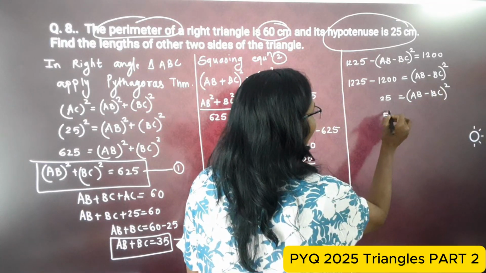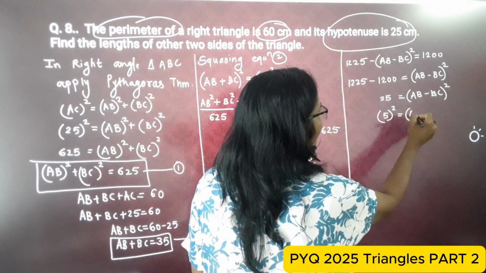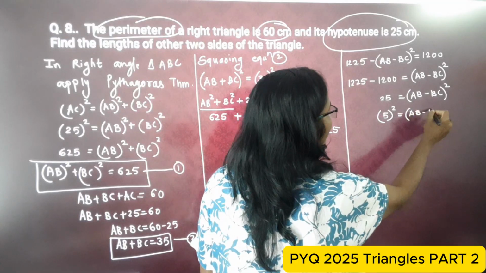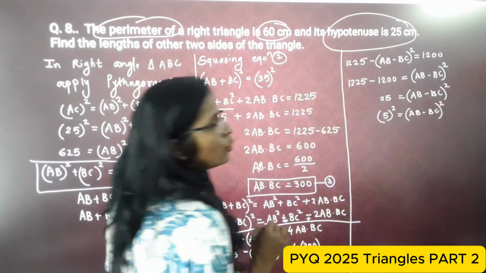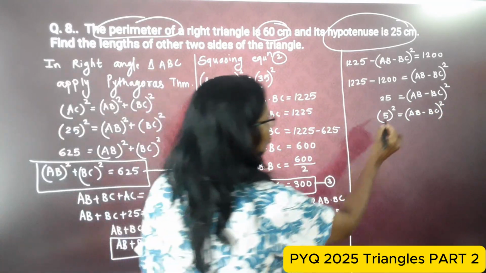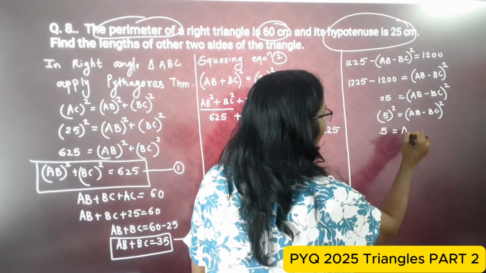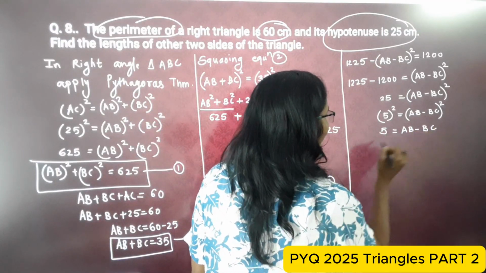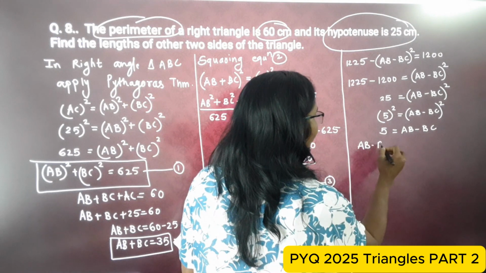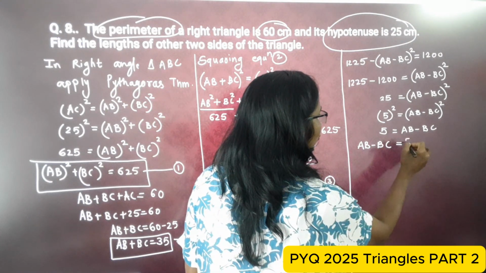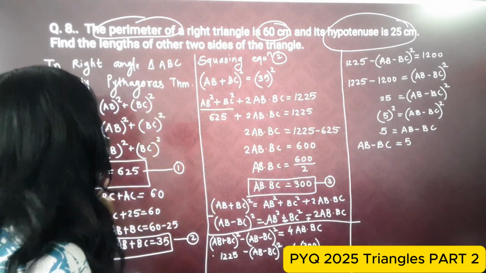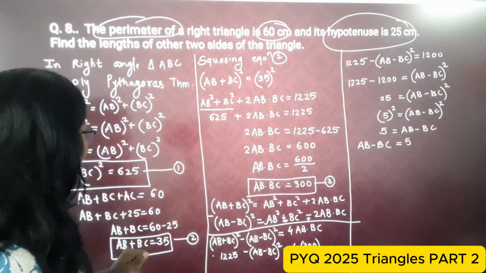Now 25 is the square of 5. So here square of 5 is equal to (AB minus BC) whole square. Now taking the square root on both the sides students. So 5 is equal to AB minus BC. So here AB minus BC is equal to 5. So now here students, AB plus BC is equal to 35.